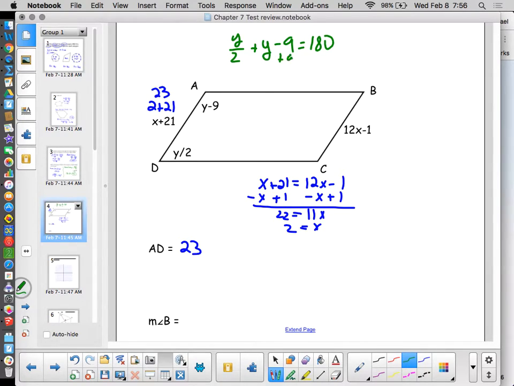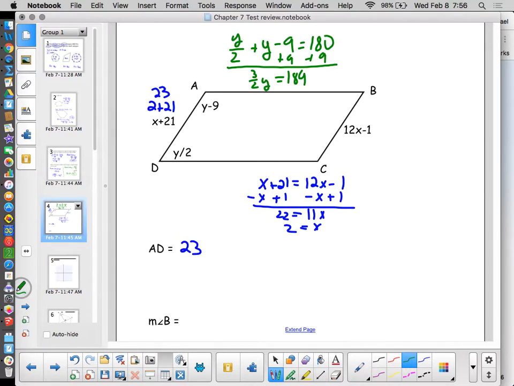I'm going to add the 9 to each side. The algebra is a little trickier here. Y over 2 means 1/2 y. So this is 1.5 y, or 3/2 y, equals 189. And I divide both sides by 3/2 or multiply both sides by 2/3.